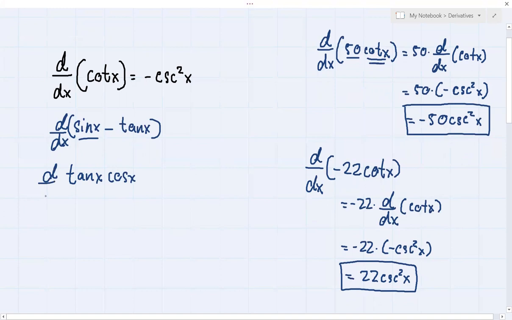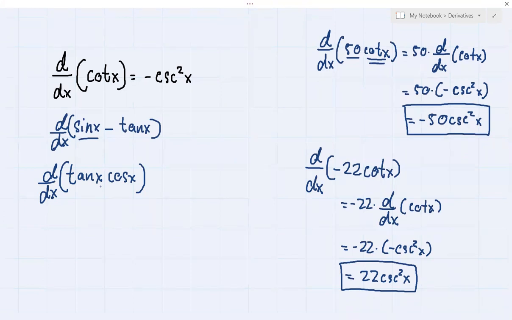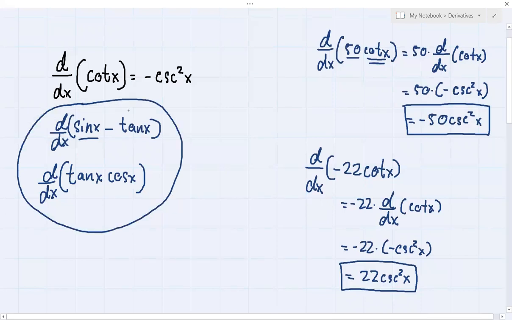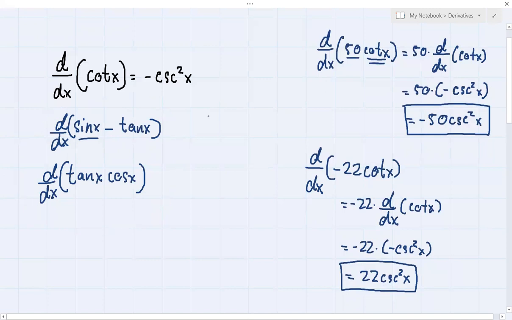Tapos, kukunin mo yung derivative niya. So, what to do? Gagamit ka ba ng product rule? Well, pwede naman. Pero you see, pwede mo naman siyang i-simplify eh. And you will know that in the future videos. Okay? So, ito yung videos na i-discuss natin bago paggamit ng product rule at saka quotient rule.